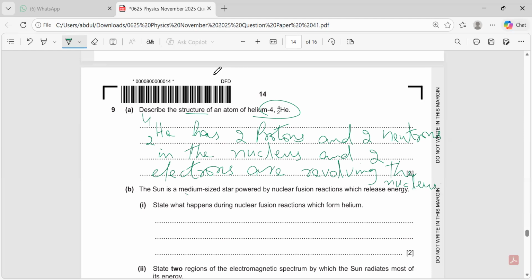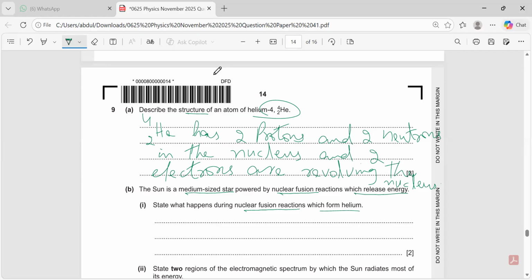The Sun is a medium-sized star. This was very simple; we did this sort of question many times. The Sun is a medium-sized star powered by a nuclear fusion reaction which releases energy. State what happens during the nuclear fusion reaction which forms helium.